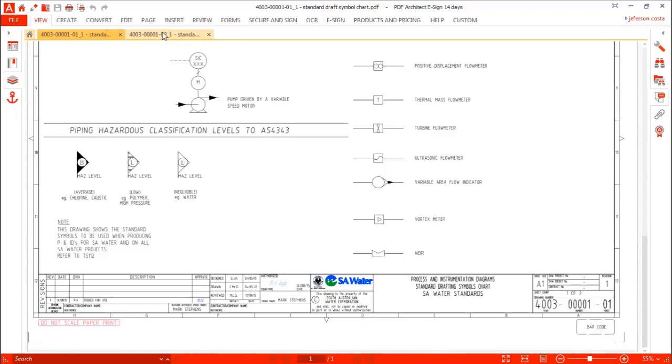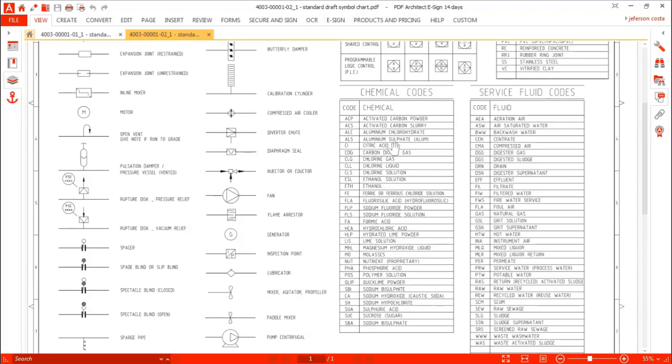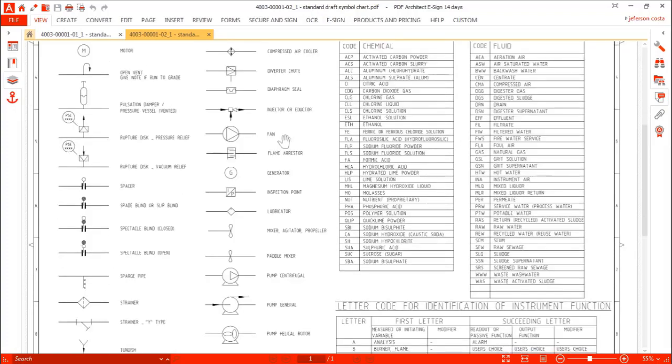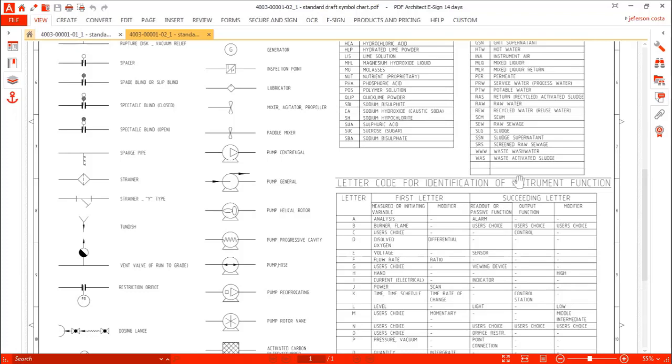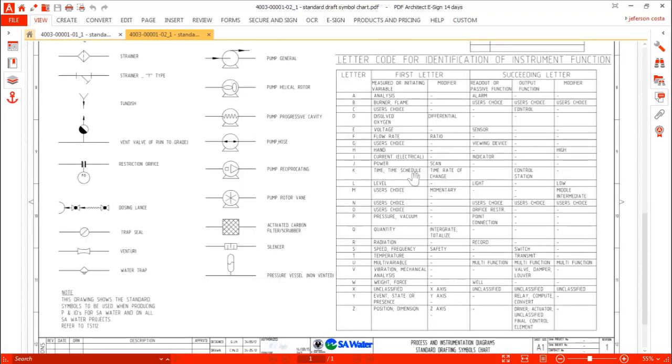And we have a second sheet here that talks about the letters, and that is very important. For instance, the letter codes for identification of instrument function. So we have seen in the case of TI that the first letter is T, so we have temperature, and the second letter was I, so we have indicator. So TI is a temperature indicator, and we do the same for PIC and PI.